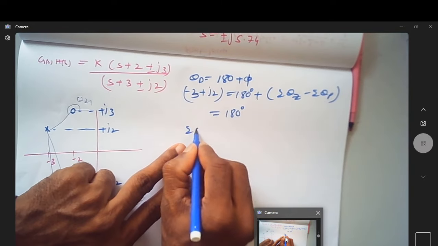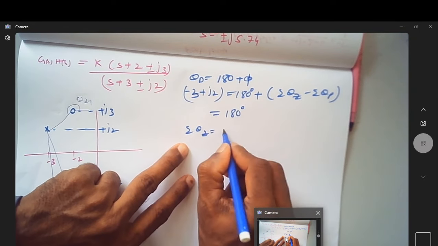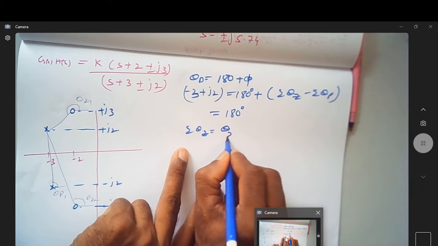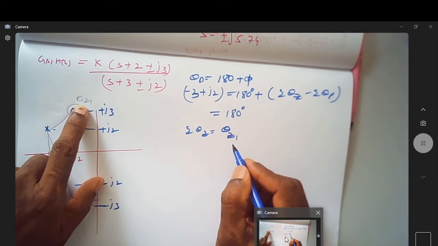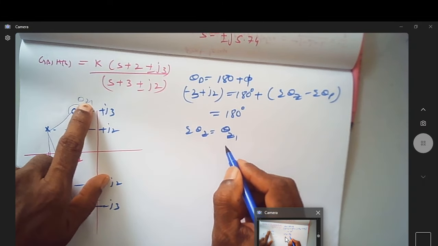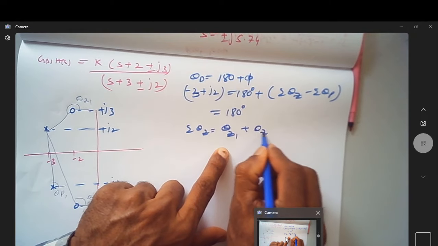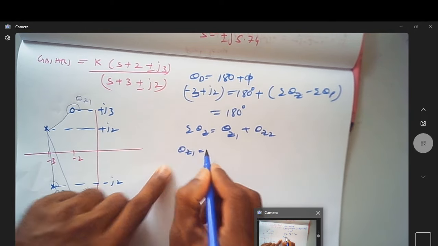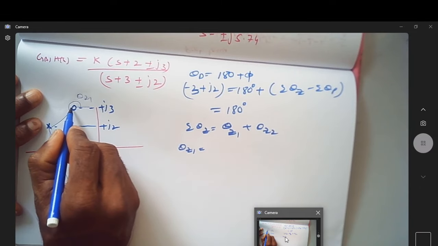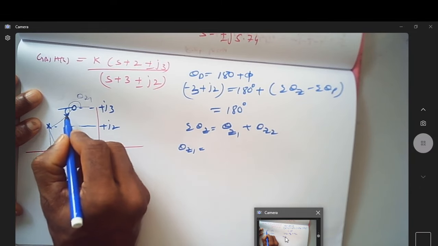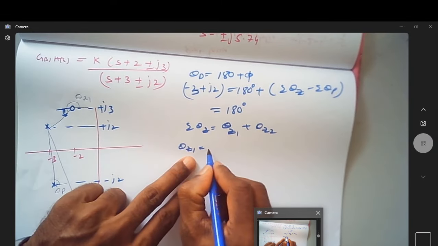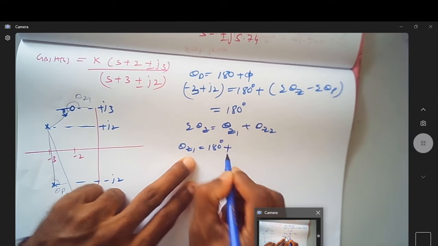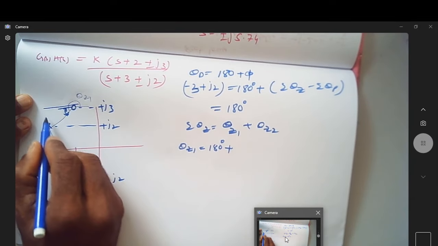So what is summation theta z? We actually have two zeros, that is theta z1 plus theta z2. So let us find theta z1, which is this plus this angle. So shall I write it as 180 degree plus how much is this height?